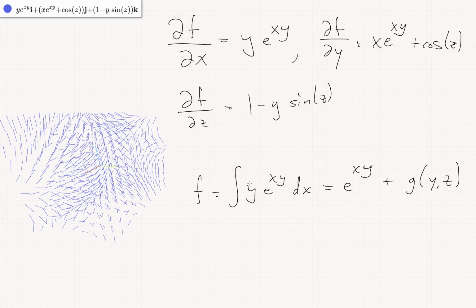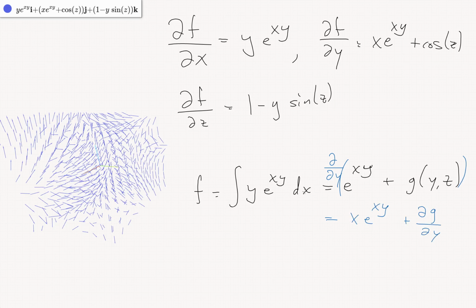So now if we want to compare to del f by del y, del by del y of this is x e to the xy plus del g by del y.